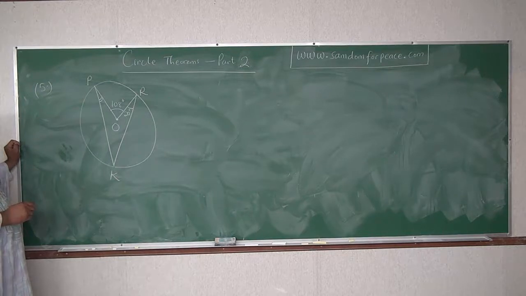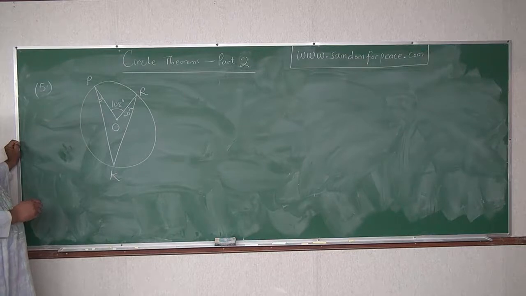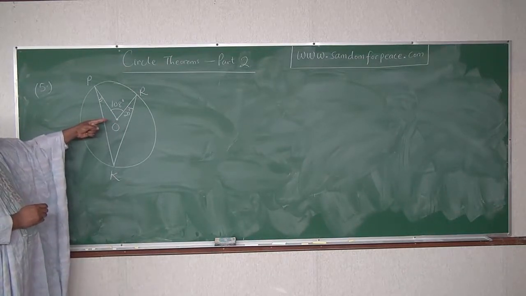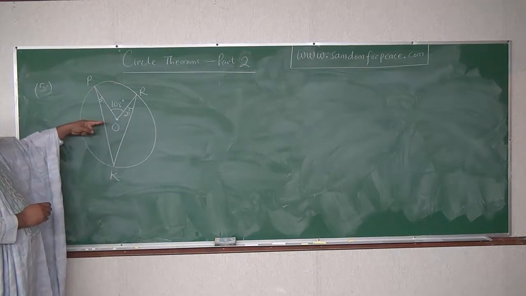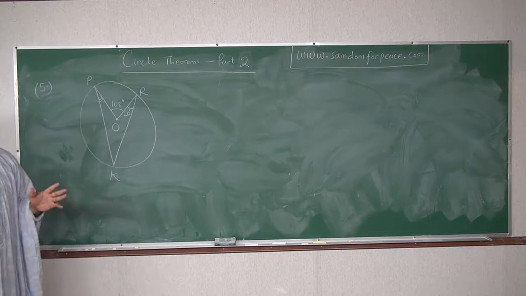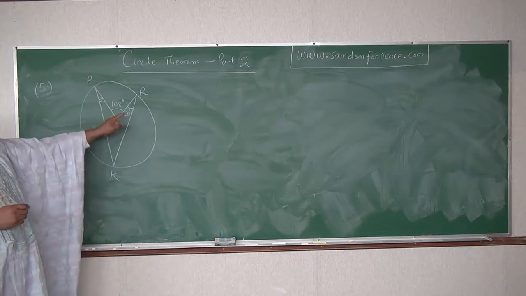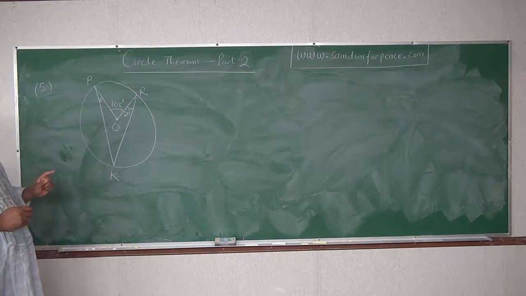Okay, so we know here already the base angles of an isosceles triangle, because this is always the center of the circle, so this is a radius and this is a radius.